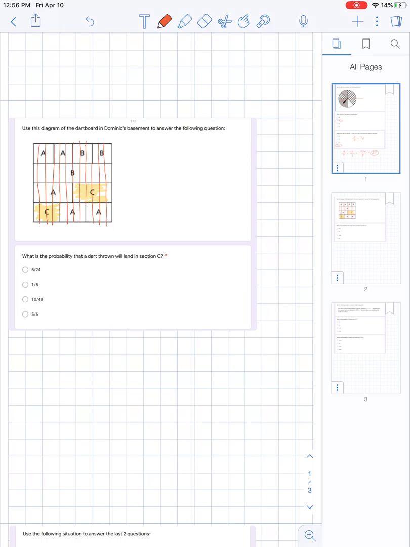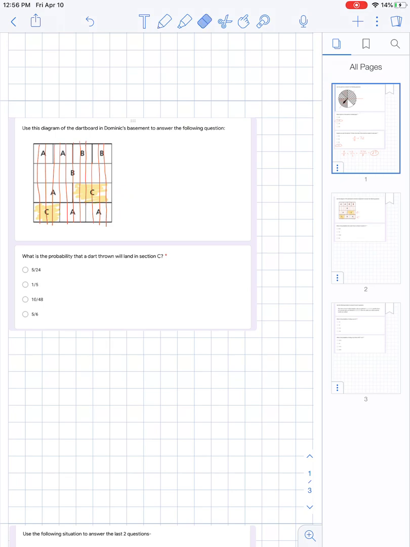So if we've broken this into 12ths, each of the 4ths on the top were broken into 3rds. Our section B, that one long one, is just in 12ths now. Our A and our C right here, those are each in 6ths. And then down here, our C, A, and A, those are in 4ths.